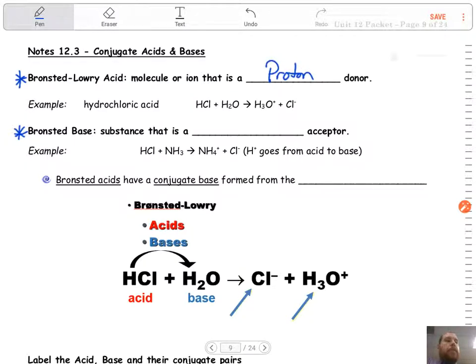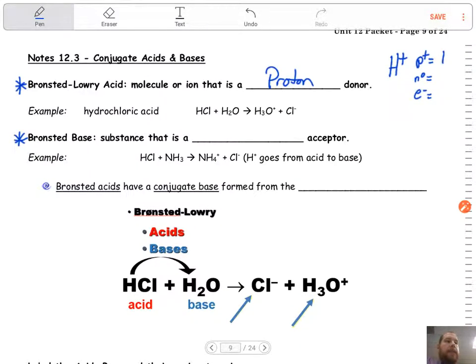So if we talk about a proton, this is what a proton is going to look like in an equation. As a review, this is going way back to Unit 2. If we were to count our protons and our neutrons and our electrons for this species, this ion, well, let's take a look. H has one proton. If you look at the mass of hydrogen, it's 1, but we have to subtract out the proton number, so we have no neutrons.